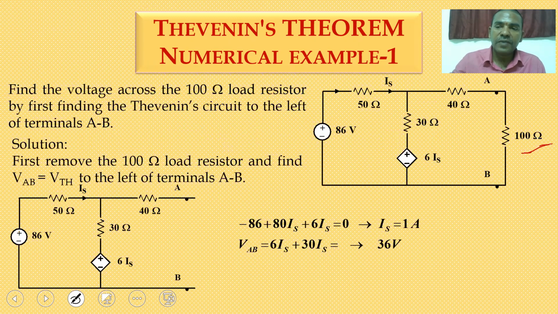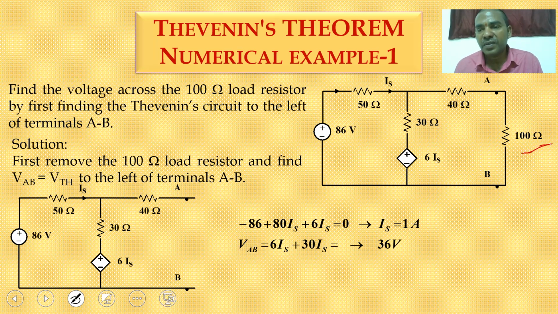So for this one, the first step for finding the Thevenin's equivalent circuit is to open circuit the load and measure the voltage between the points. The second step is, wherever the voltage sources or current sources are there, make them zero and replace them with their internal impedance, and calculate the impedance between the points.